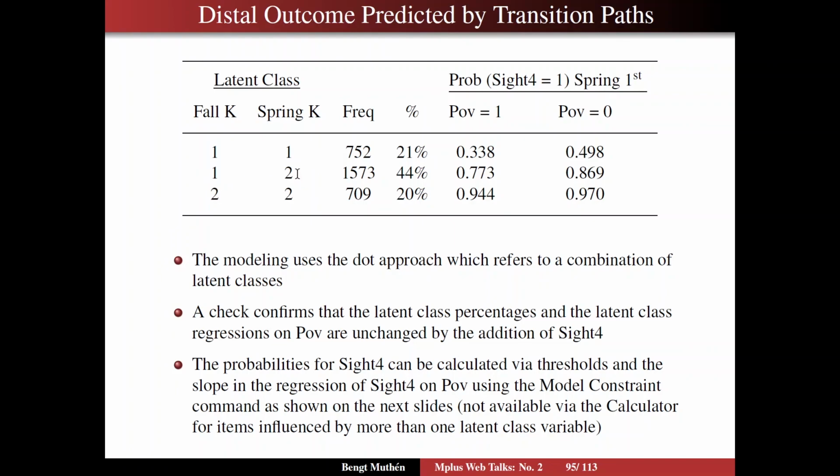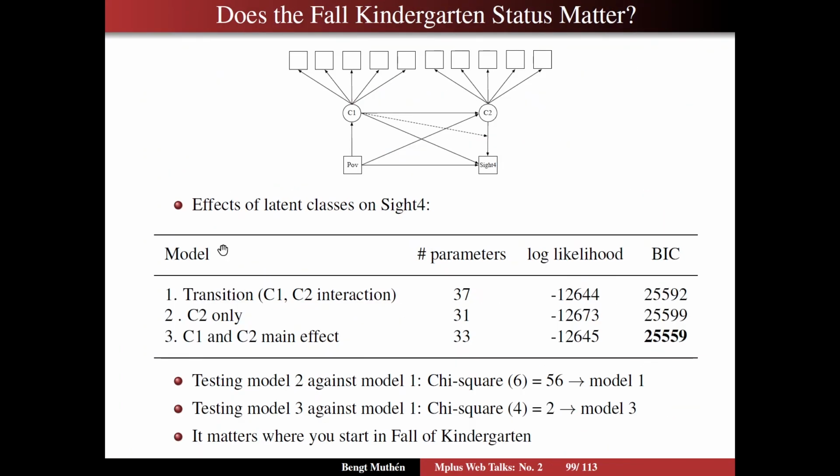So the movement doesn't matter, it just matters where you started and where you ended, which is kind of an interesting situation. And in other real data analyses, you might find that the movement also has an effect. By contrasting these 3 models, you can see how that plays out.